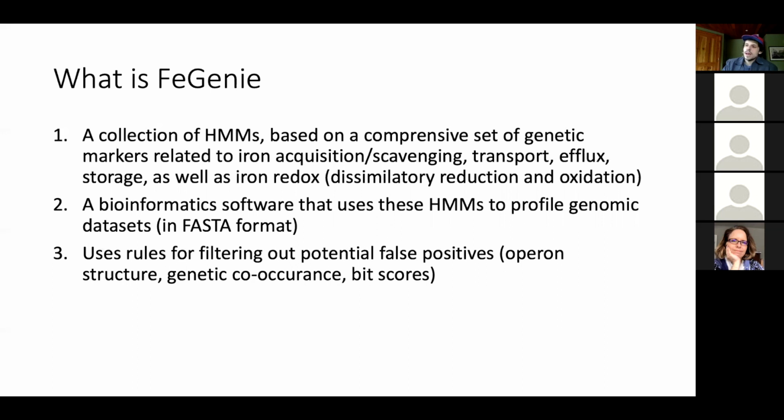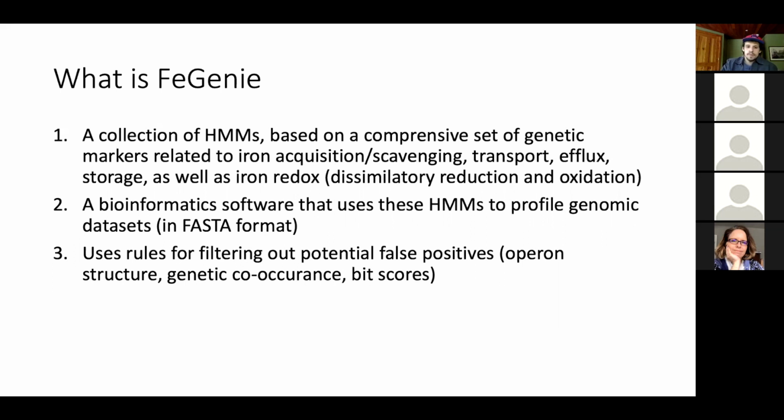Knowing that, the scripts in Genie take that into account and filter out potential false positives. If you have a decaheme cytochrome without any porin, that's weaker evidence that there's something iron reduction related going on. And bit scores are another thing I'll talk a little about.